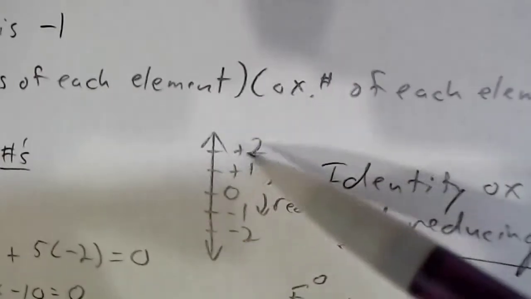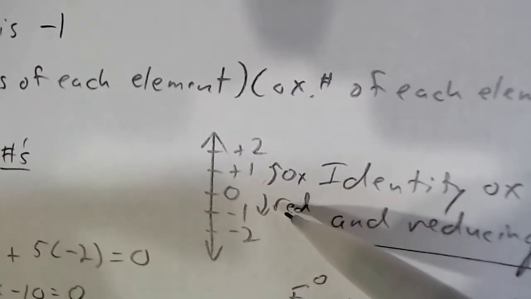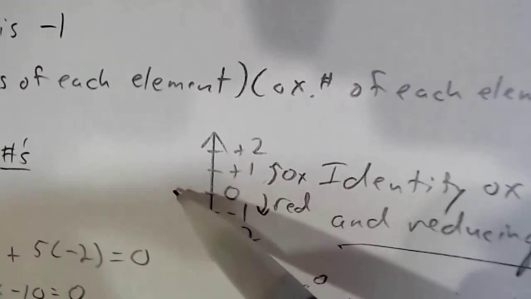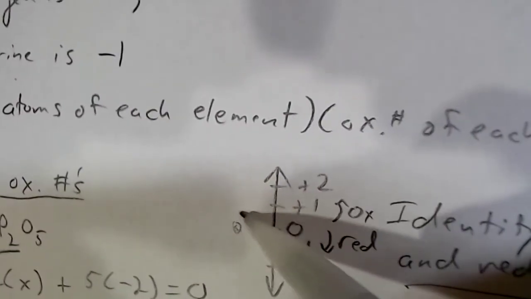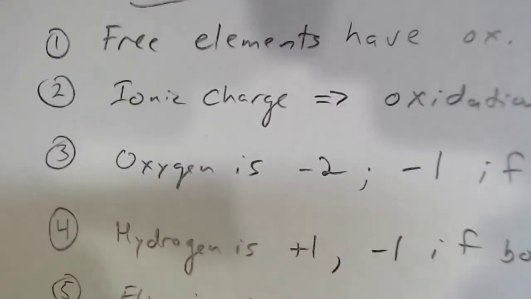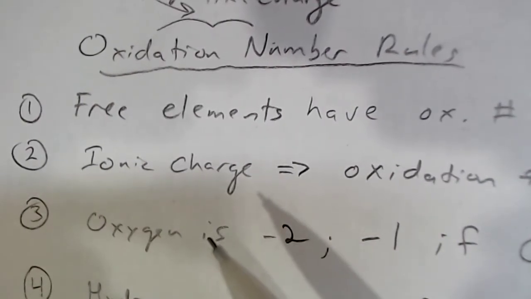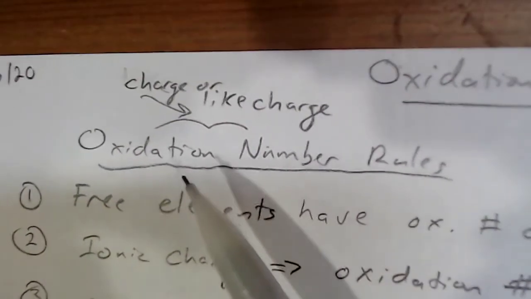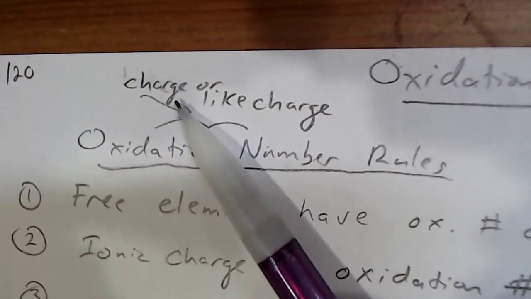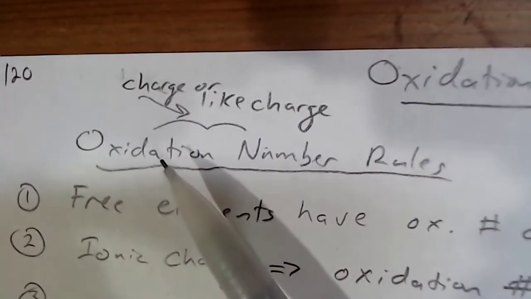So in order to use this number line, though, you need oxidation numbers, which are represented on that number line. And so let's talk about what oxidation numbers are and the rules for calculating them. Oxidation numbers can be charge. If there is a charge on an ion of a monatomic element, then that charge is the oxidation number.